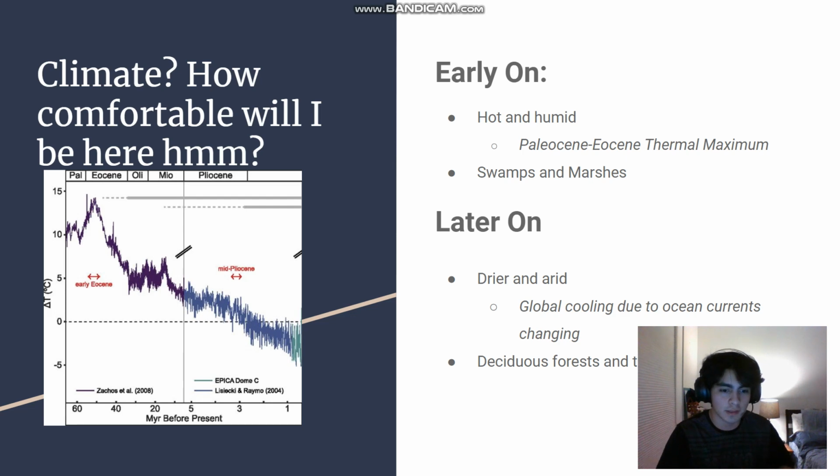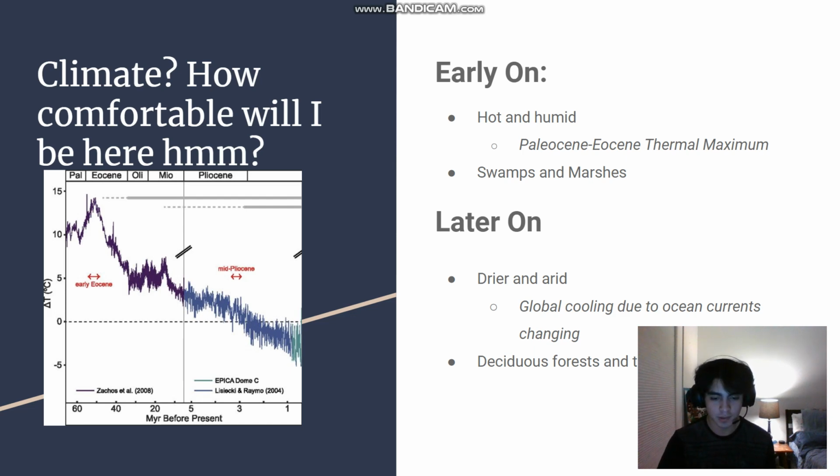So as the continents move ever closer to their present-day locations, this plate activity alters ocean and air circulation. Remember that widening gap between Australia and Antarctica causes temperatures to not reach an equilibrium, but distribute a little bit more evenly and cool down.